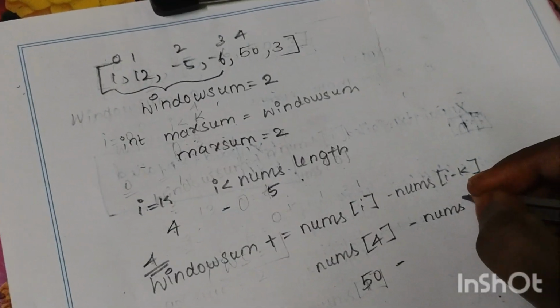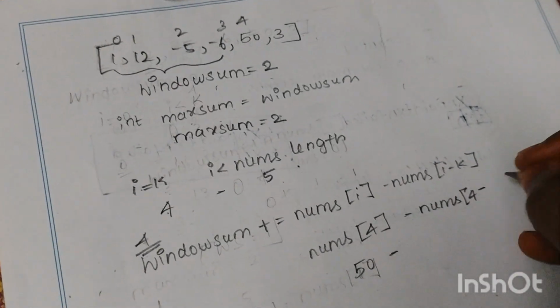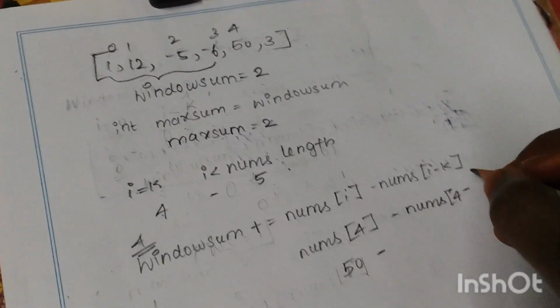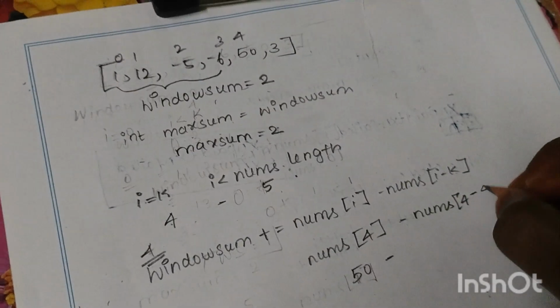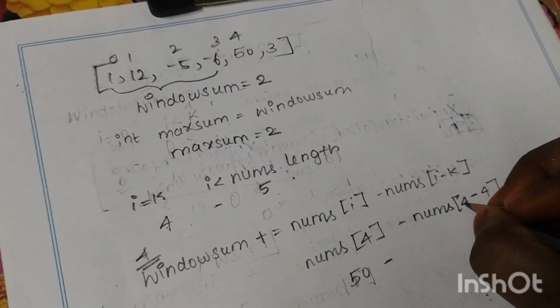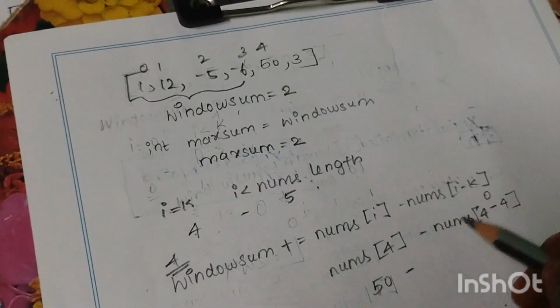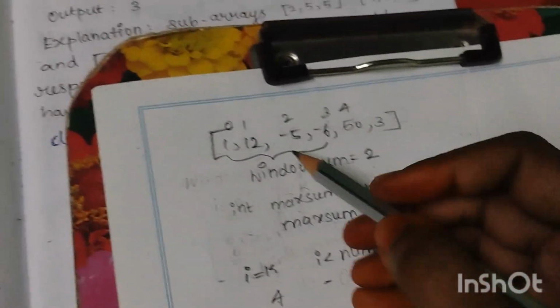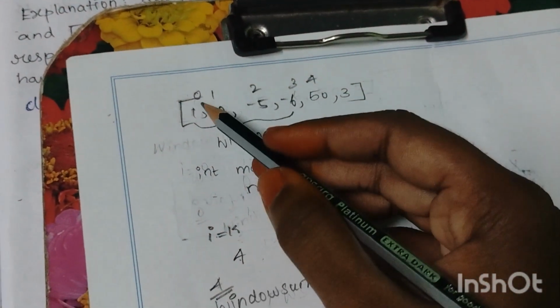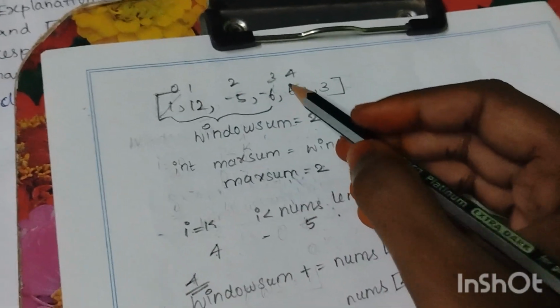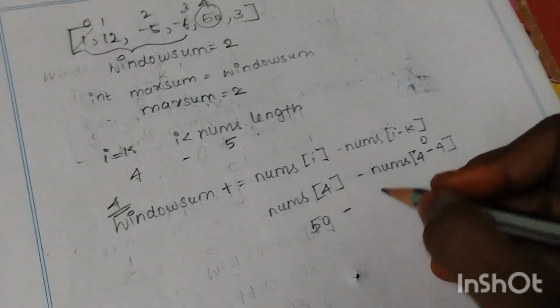So 4 minus k is what? Window size. So k is 4, so 4 minus 4 is equal to what? 0. So we are removing nums of 0. Nums of 0 is what? 1. So we are removing this and adding this.